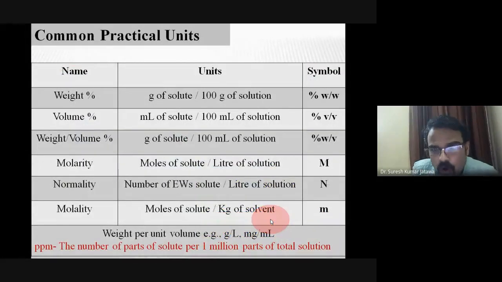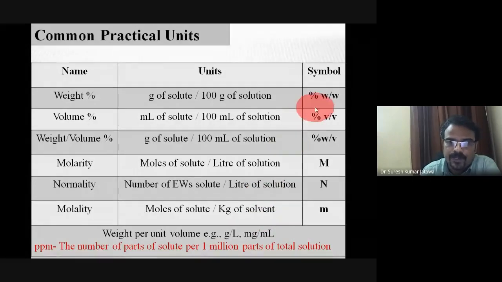These are some common units which we always use in our laboratory, like weight by weight. If you are preparing a percent solution by weight, it means you are dissolving solute in grams for 100 grams of solution.